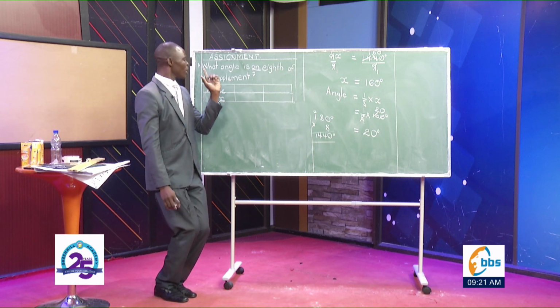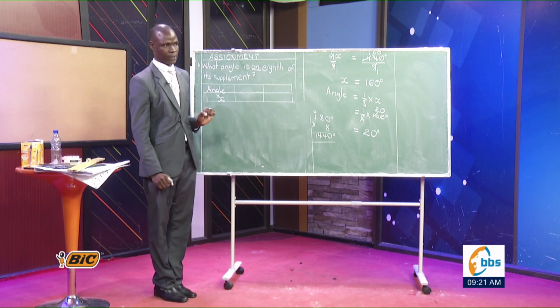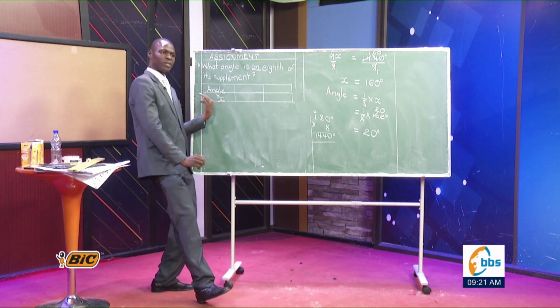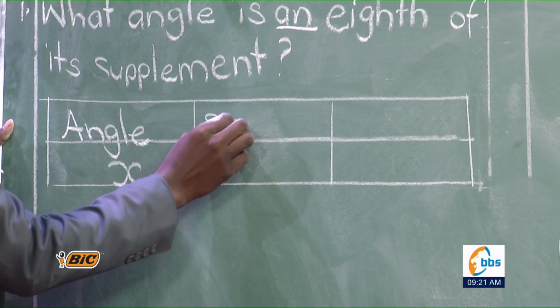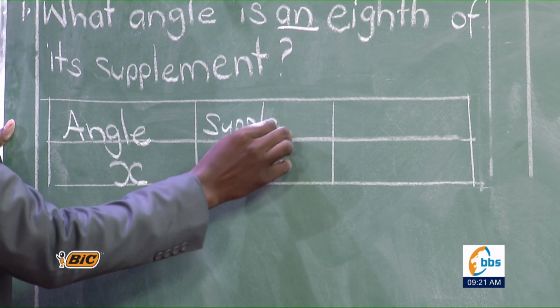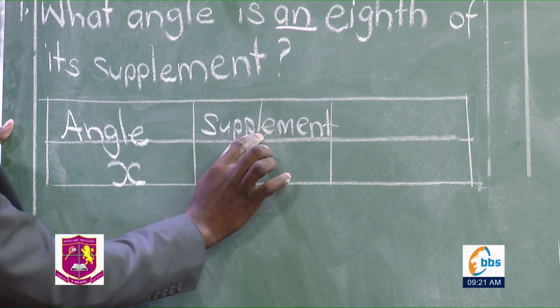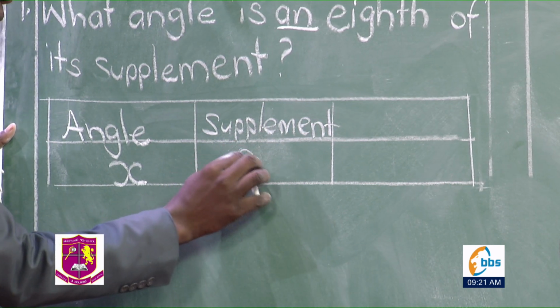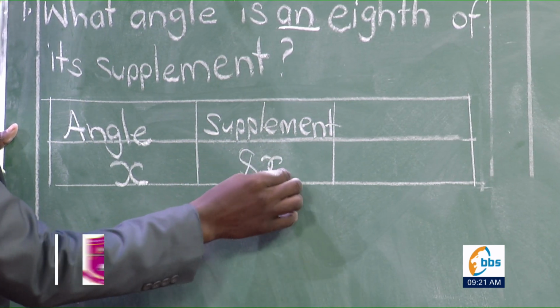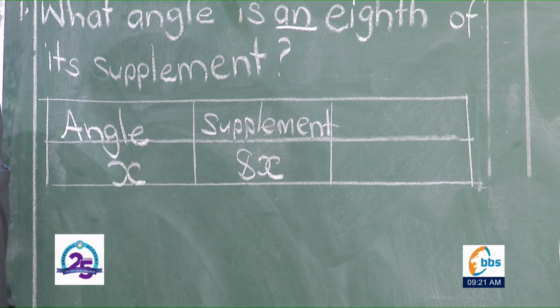Remember, this angle is just an eighth of its supplement. That means if the angle is x, the supplement must be now 8x. Because if this angle is only 1 part, this one must be 8 parts.